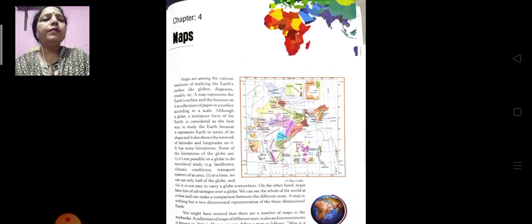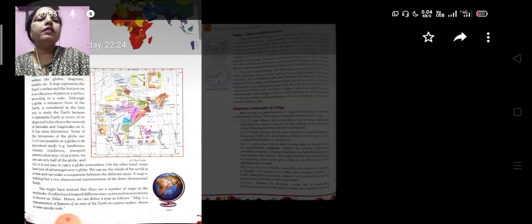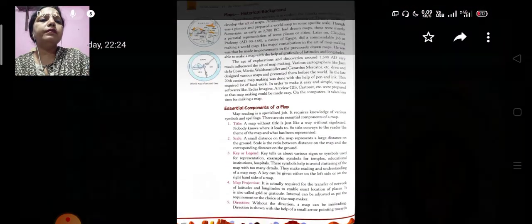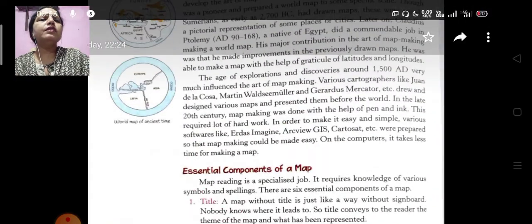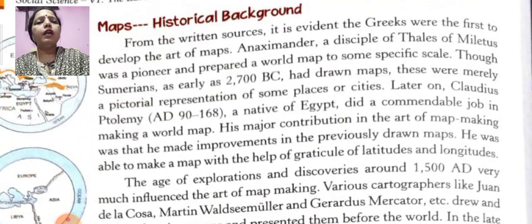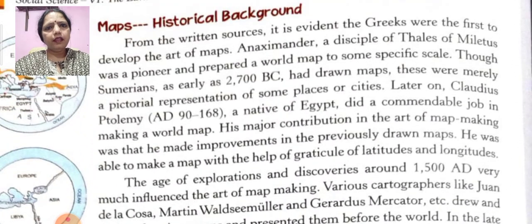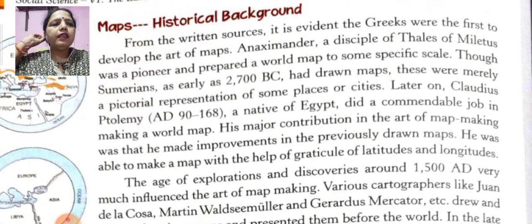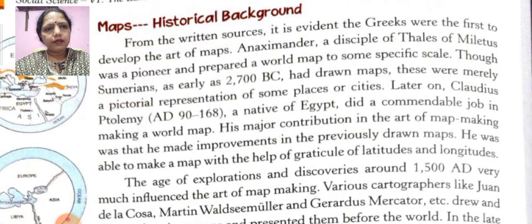So now we will know about the historical background of map. So what is the historical background? From the written sources, it is evident the Greeks were the first to develop the art of maps.